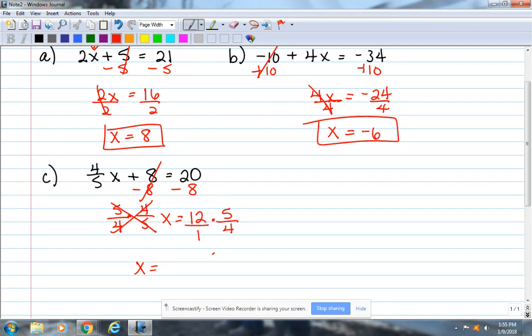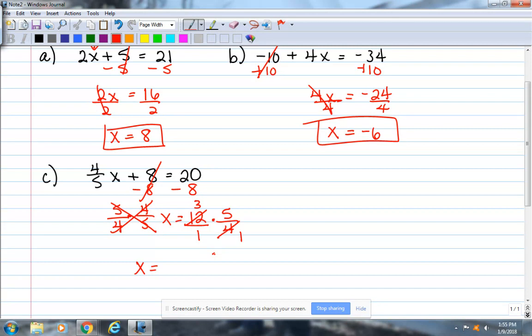And the way we simplify as we go is we find any common factors. So is there a number that will go into 12 and 4? 2 does, but is there a bigger number that does? 4 goes into both of them. All right. So what's 12 divided by 4? 3. What's 4 divided by 4? 1.